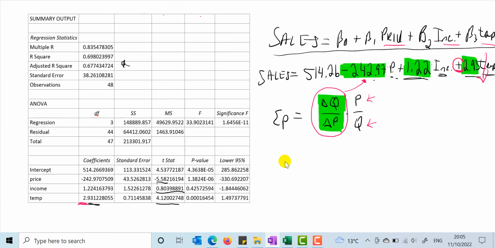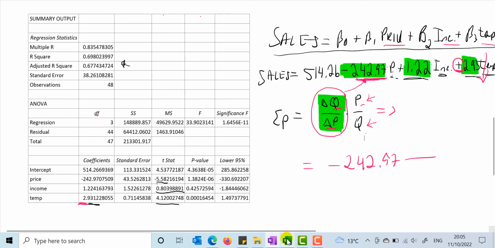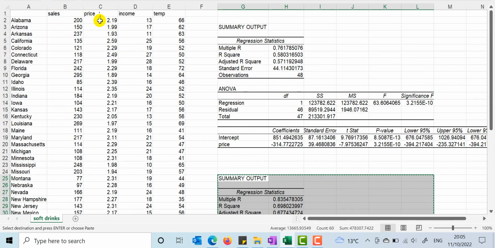If you remember, we interpreted this as the partial effect or marginal effect of price on sales, or in other words, when price changes by 1 unit, quantity changes by a certain amount. So that's the value we're going to plug into this equation. So equals minus 242.97 times price over Q. Let's pick two values, one for price and one for sales.